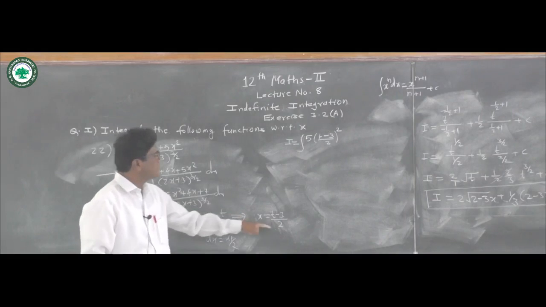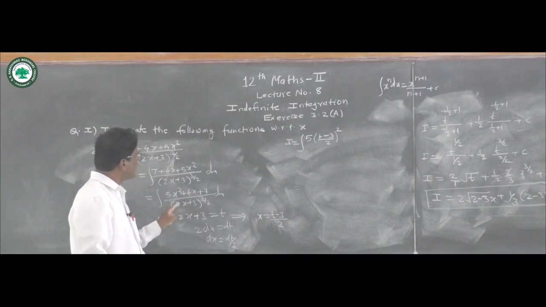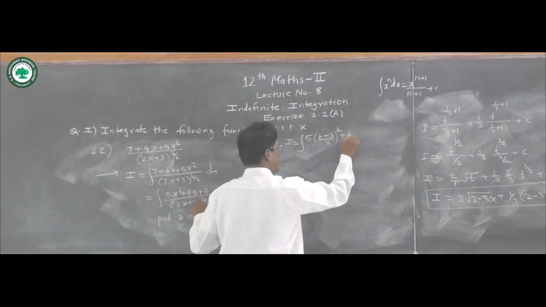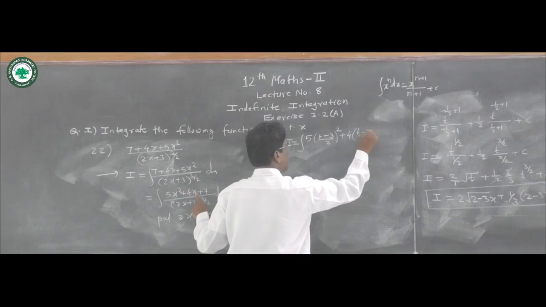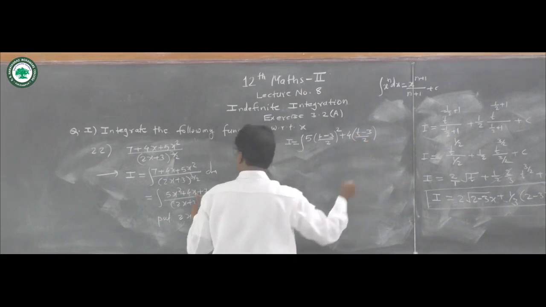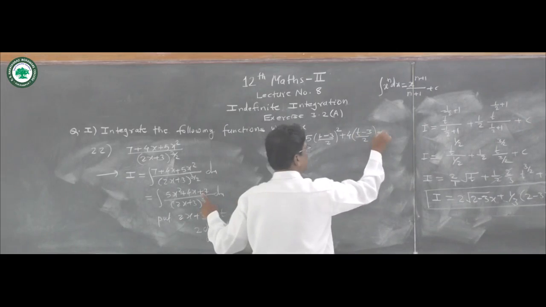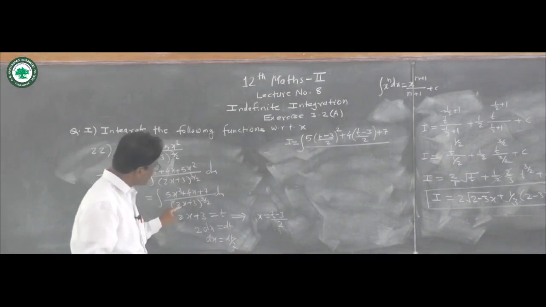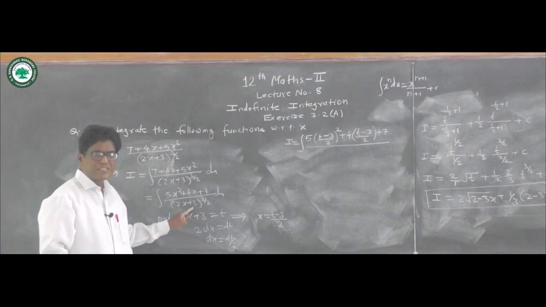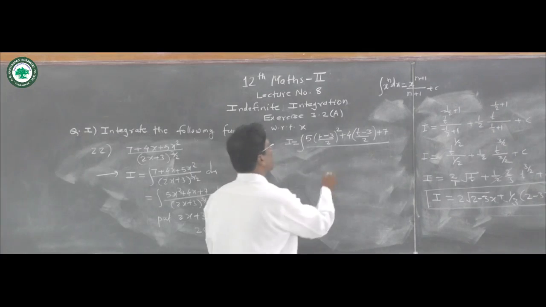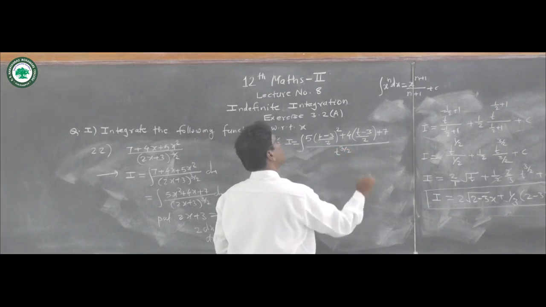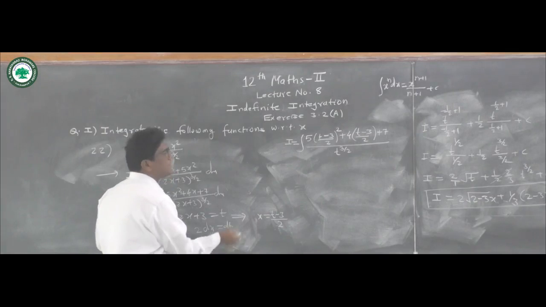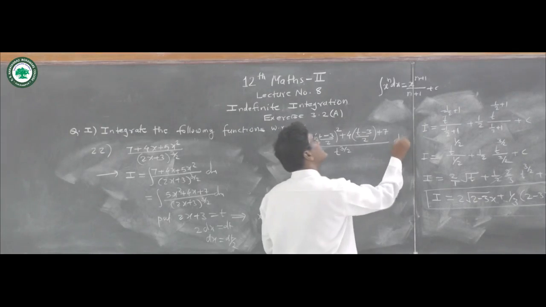We put the value of x and take its square, plus 4 into x, so plus 4, and x is (t - 3)/2, and then plus 7, divided by the denominator 2x + 3. We put 2x + 3 as t, so t to the power 3/2, and we replace dx. dx is replaced by dt/2.